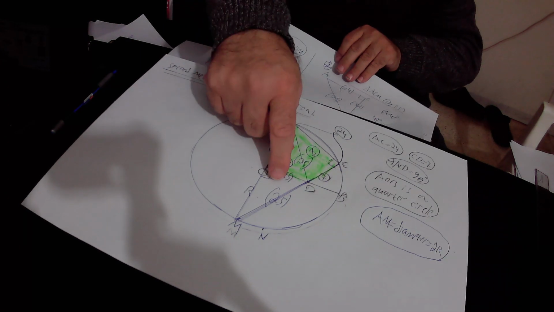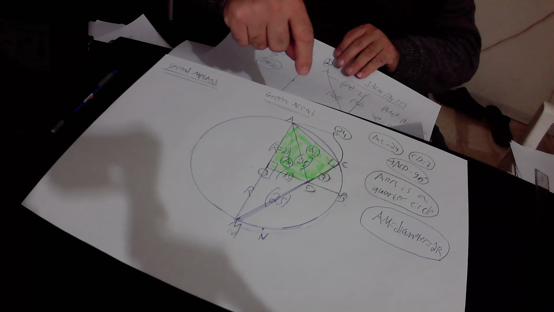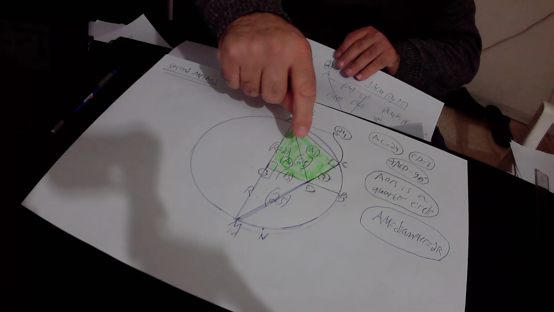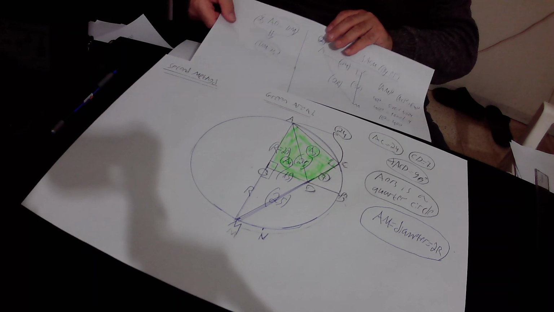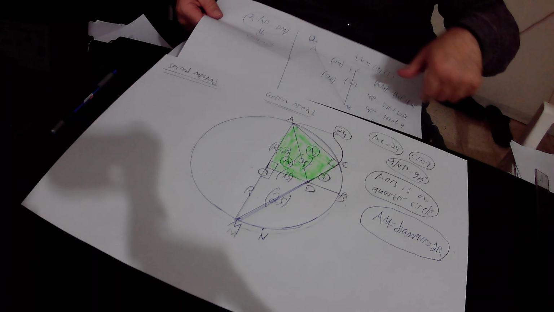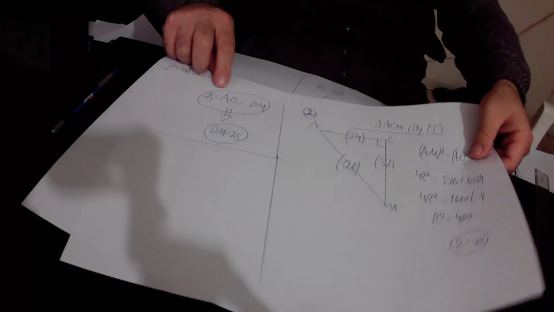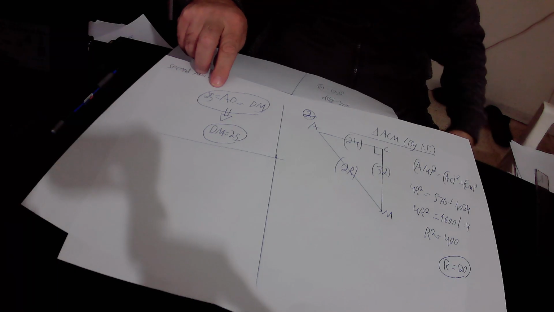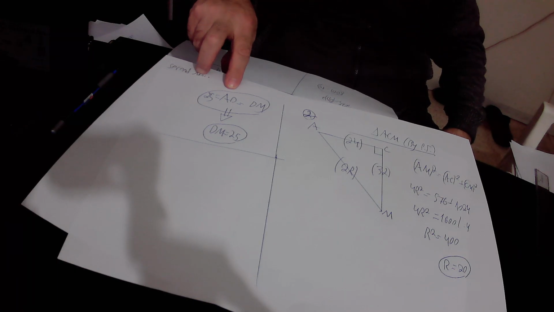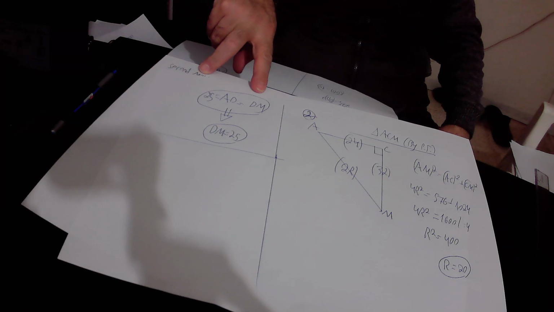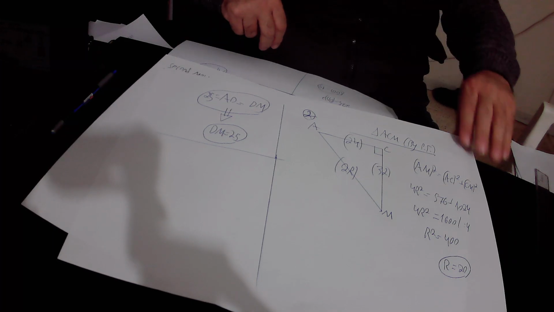But AD equals 25, so we can write here that AD equals 25. From this equation, 25 equals AD equals DM. We derive that DM also equals 25 units.